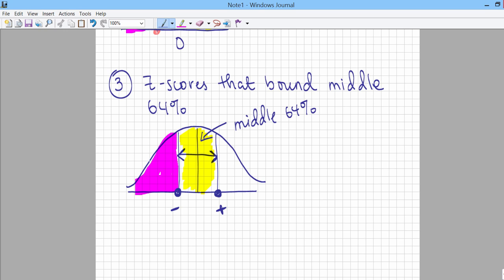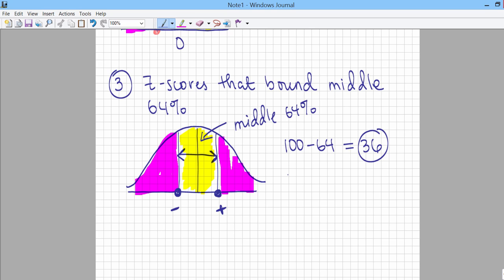Okay, so how do I find the area that I just shaded with purple? Well, the whole thing is 100%. If I do 100 minus 64, that would give me how much? That would give me 36, right? But that's 36 for this piece and this piece.